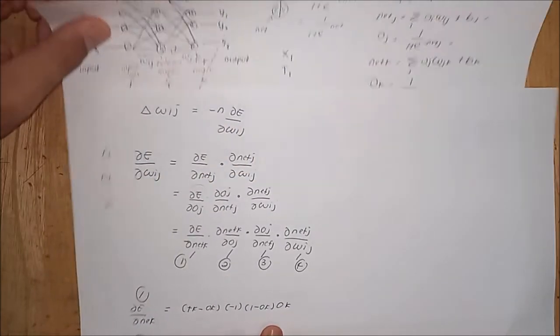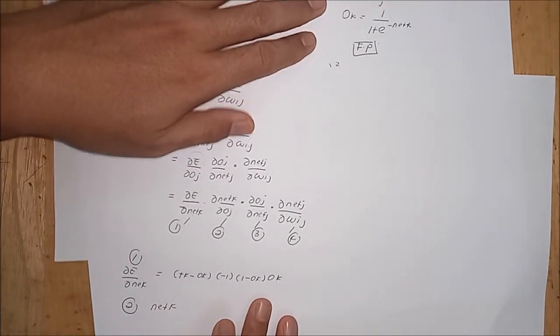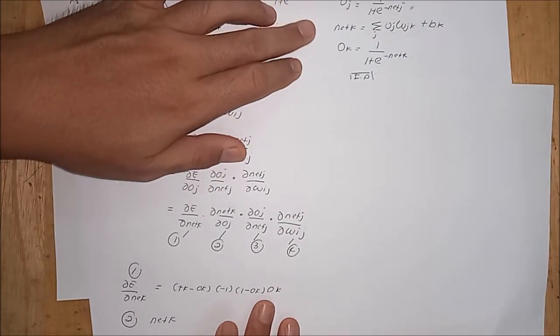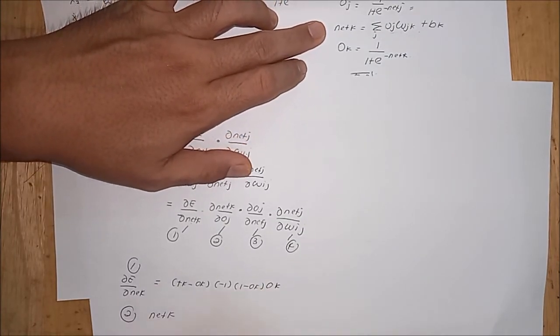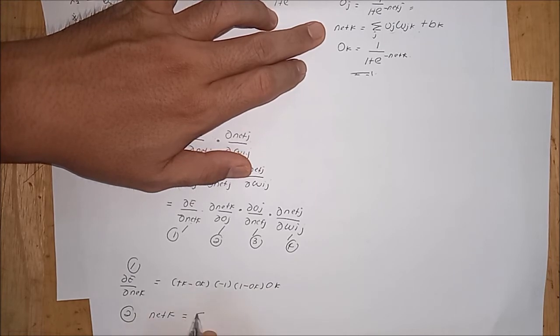So net k equal to the summation of j oj wjk plus bk.